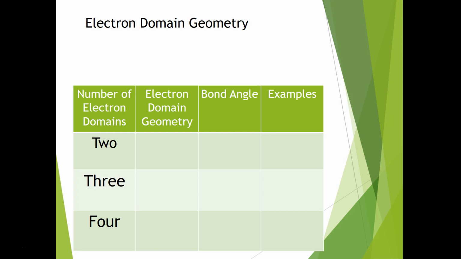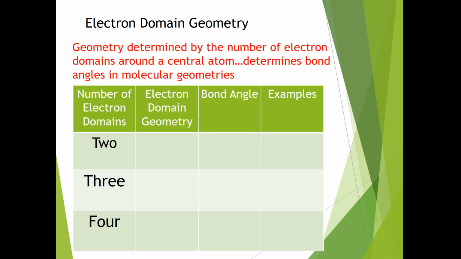So we're going to look at two kinds of geometry: electron domain geometry and molecular geometry. The electron domain geometry is just determined by the number of electron domains that you have around the central atom. The important thing about it is that it'll actually determine the bond angles in molecular geometries, which we'll see on the next slide.